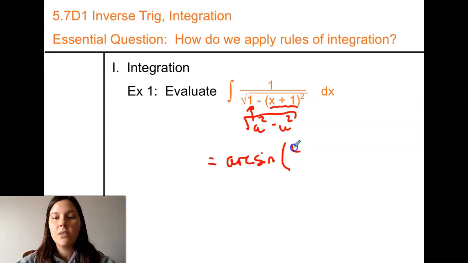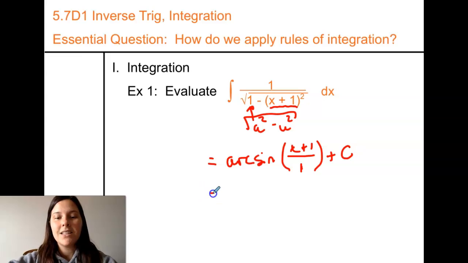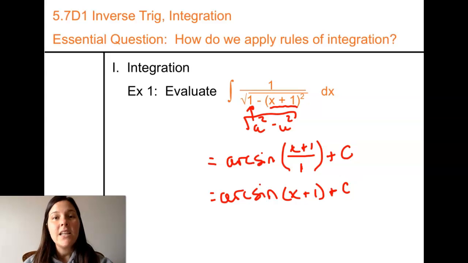Well, my u was that x plus 1, and my a was 1. And then, of course, that constant of integration plus c. So I'm just going to clean this up a little bit. Of course, dividing by 1 doesn't change anything. So we've got the arc sine of x plus 1 plus c. See, not so bad. We can integrate with our inverse trig functions.